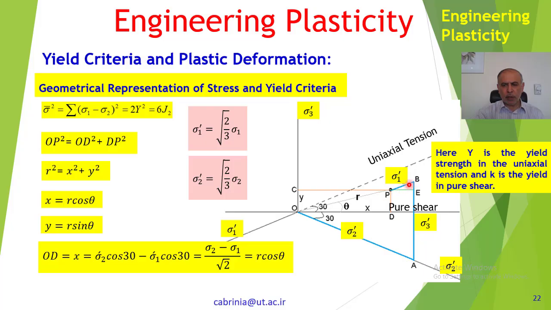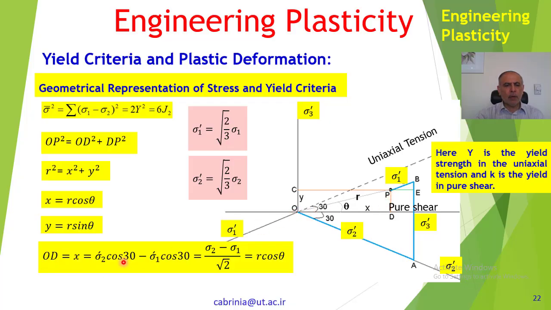Now sigma 1 prime is this, PB, and that is 30, because this is perpendicular to that, parallel to that. PB is parallel to sigma 1 prime. So we could write here this PE is sigma 1 prime cos 30, and therefore this bit minus this length becomes equal to OD.